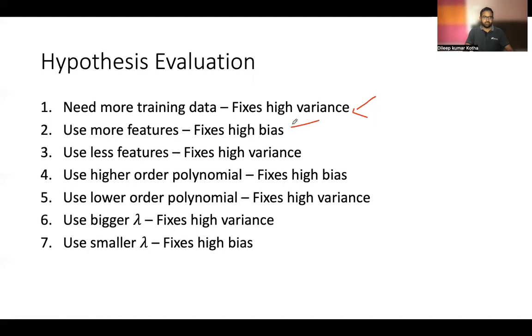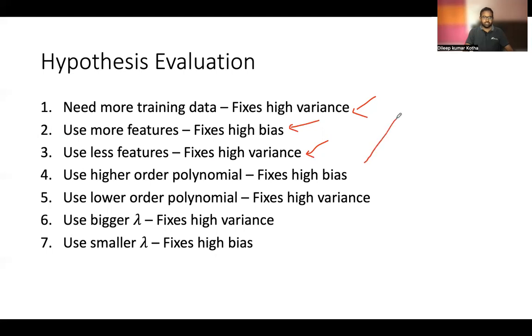Say, for example, if the algorithm is tilting towards a particular set or a particular class, and if you use more features, it will remove that bias. And if you have a lot of features and it is causing the overfitting problem, then using fewer features fixes the high variance problem. Say, for example, you have a straight line hypothesis.